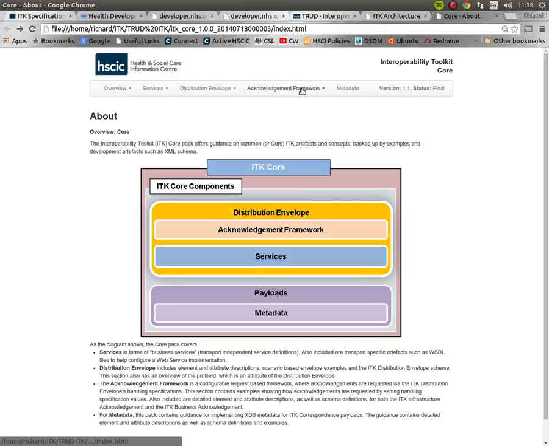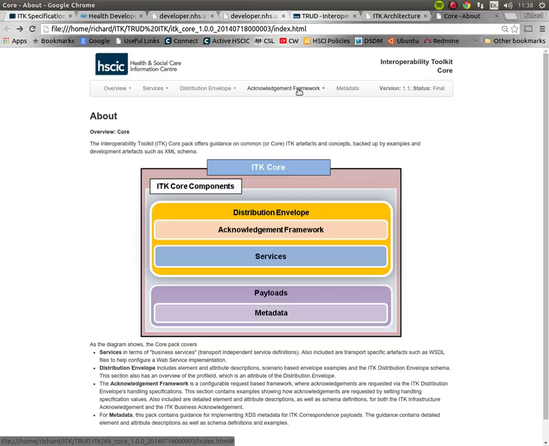The acknowledgement framework is something that's used predominantly for clinical documentation, and it's basically a mechanism for sending an acknowledgement that a document has been received by the intended recipient.